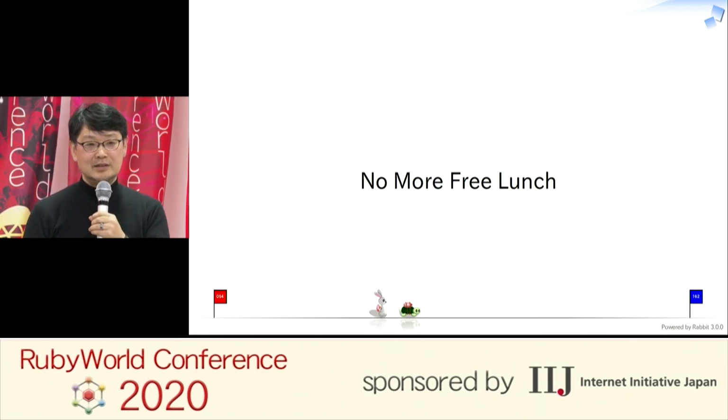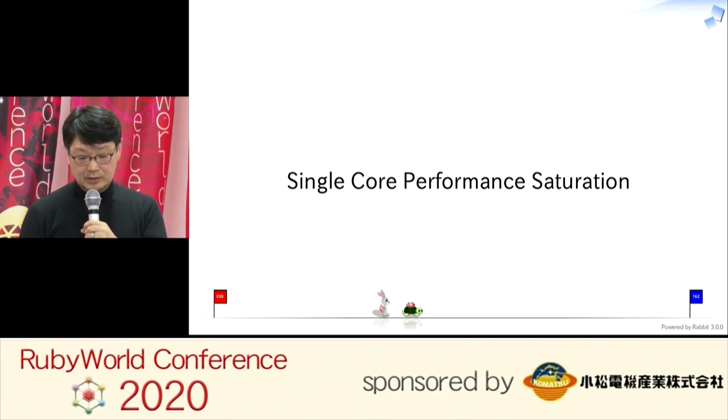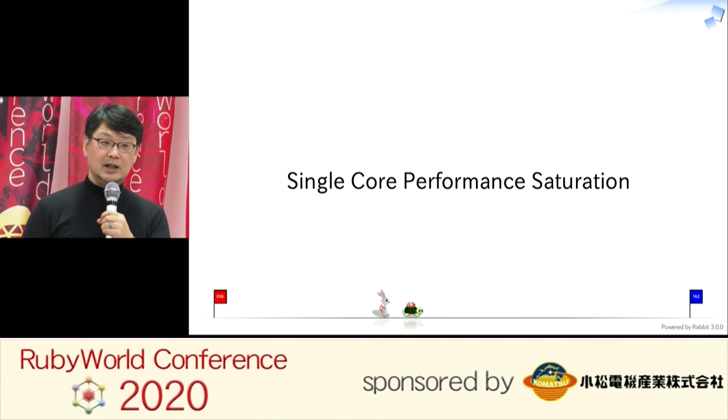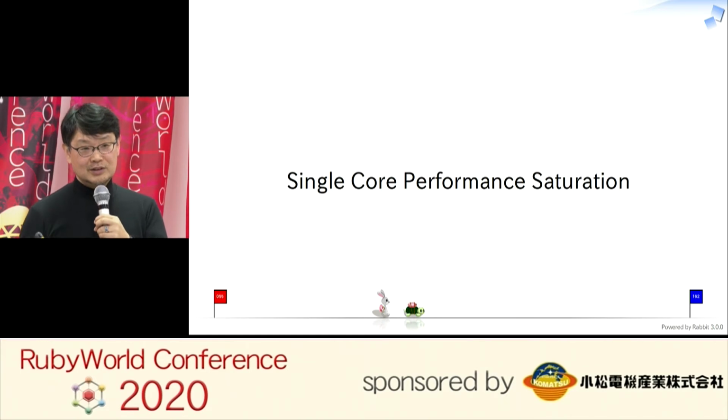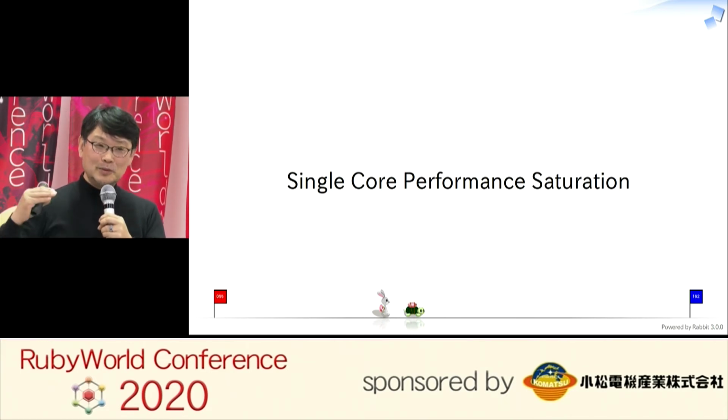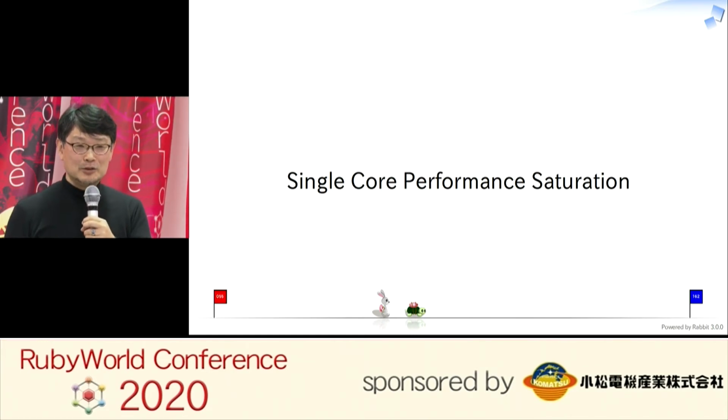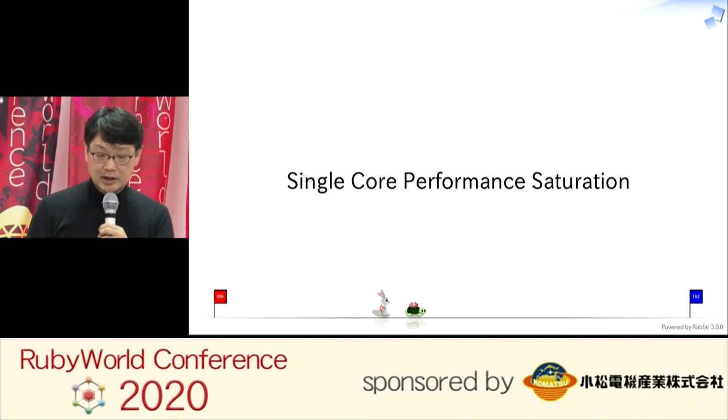But those were happy days, and happy days are behind us. For current computers, performance does not increase 1.5 times or 1 point something times every year. The performance per core has reached the saturation level.